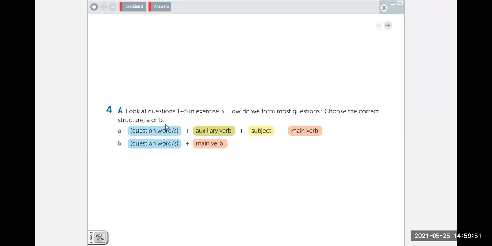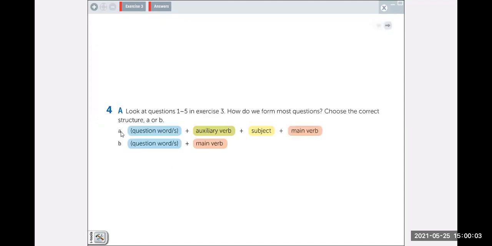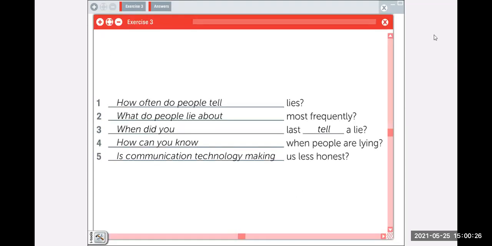Choose the structure, A or B. As you can see in the structures, in A we have question word, auxiliary verb, subject, and main verb. And in option B, we have question word and the main verb. Which of these structures are we using in the questions? What do you think? Which of them, A or B?